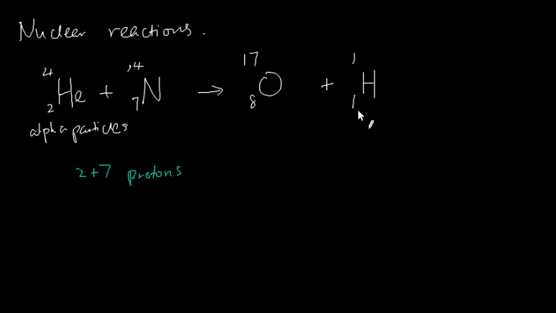Then in the product, there are 8 protons here and 1 proton there. So 8 plus 1 protons. But you see, 2 plus 7 is equal to 8 plus 1. They're both equal to 9.